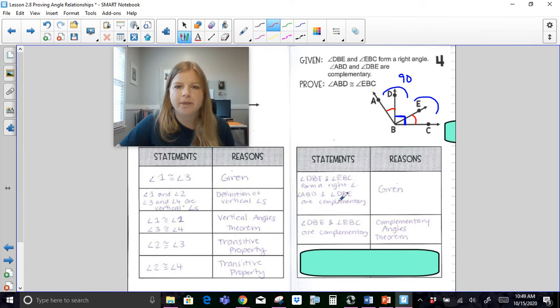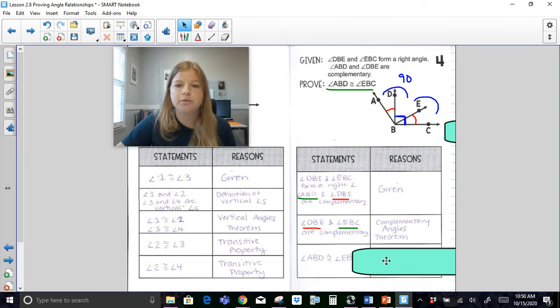Notice the overlap here. ABD and DBE are complementary. DBE and EBC are complementary. So if I have a pair of angles that are complementary and another pair of angles that are complementary, and I notice that they share an angle together, it's this middle angle here, then I would be able to say that angle ABD and angle EBC, which is what I'm trying to prove, are congruent to each other.